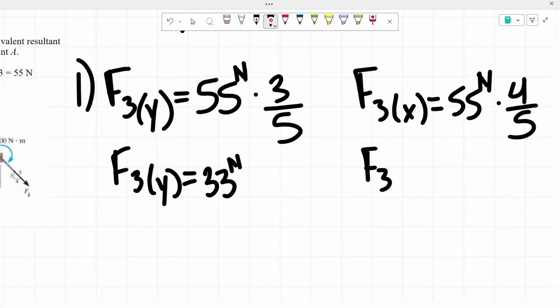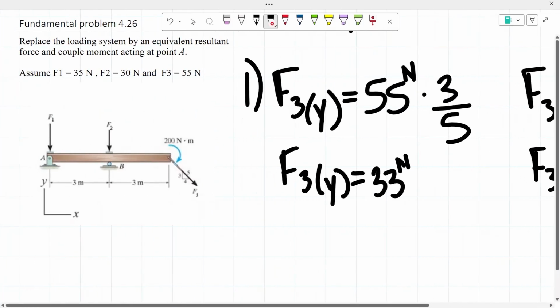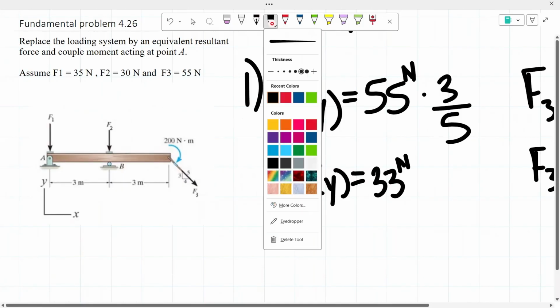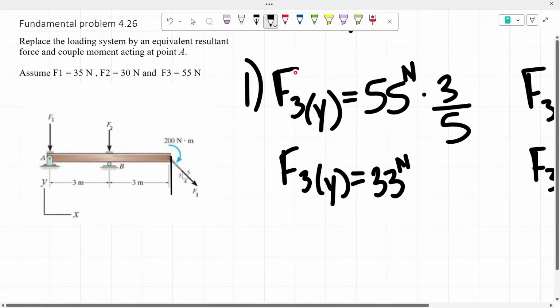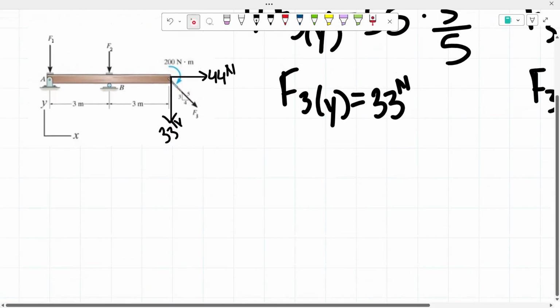So F3x is equal to 44 newtons. Now that we were able to determine our x and y components, basically we have this force right here of 33 newtons and this force right here of 44 newtons.